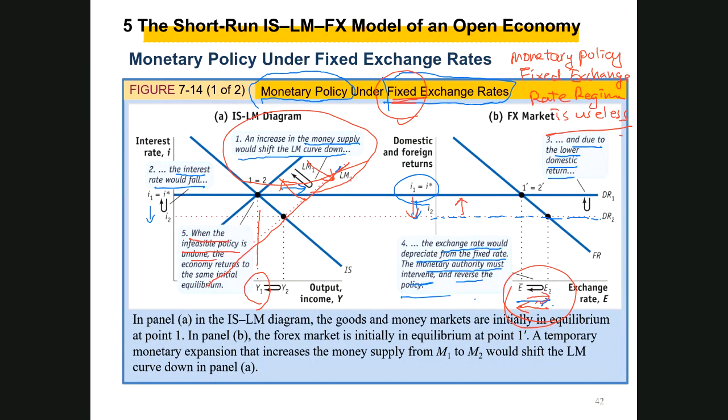You are going to take back the money that you put into the market. So the interest rate will be higher again, and the LM curve will shift back. So equilibrium 1 is equal to 2. That's at the same level.